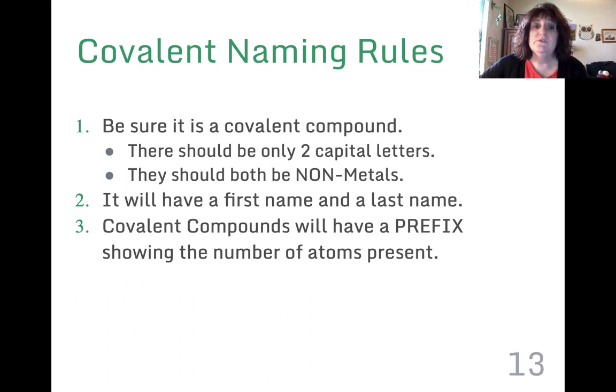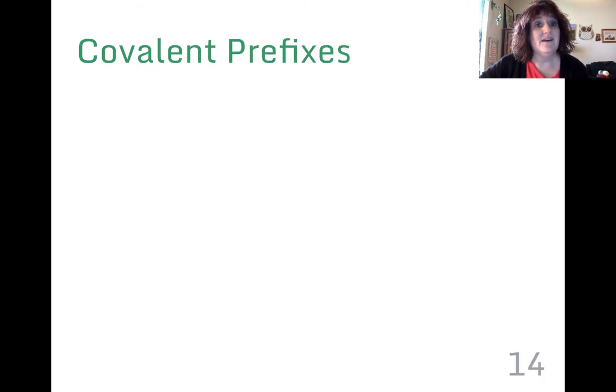Covalent naming rules. Be sure it's a covalent compound in the first place. There should only be 2 capital letters, and they should both be non-metals on the right-hand side of that stair-step line. It will have a first name and a last name. And the cool thing about covalents is that they have a prefix to show the number of atoms. So you might want to write these down.